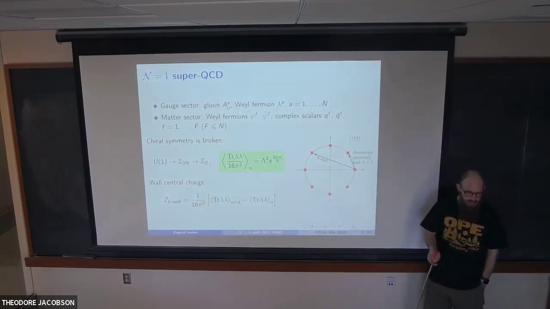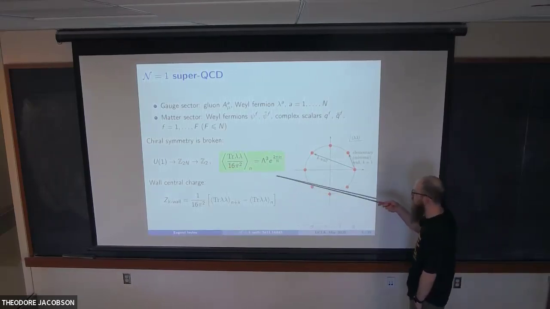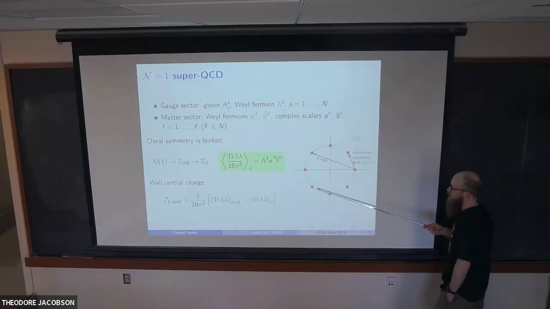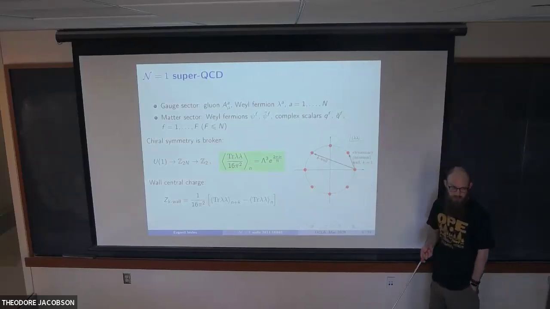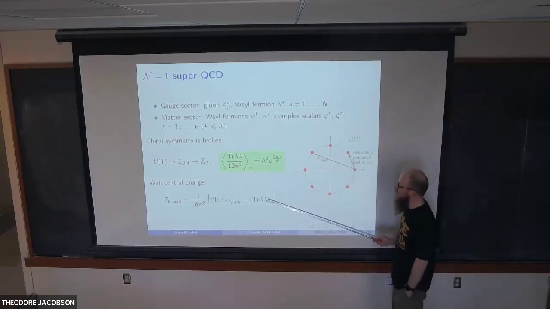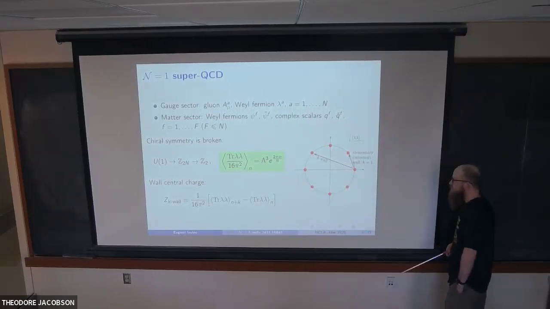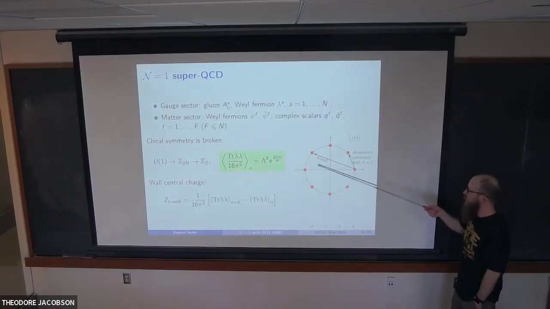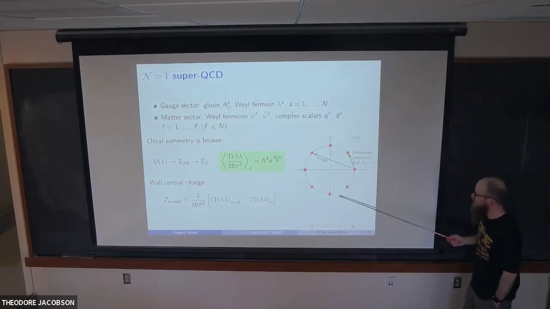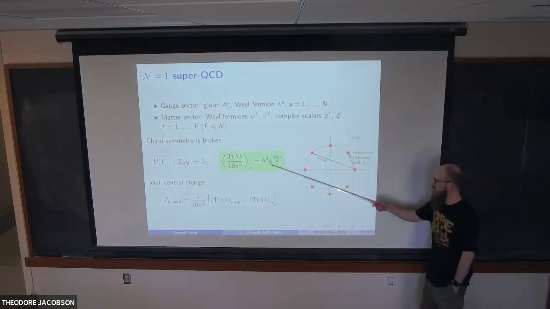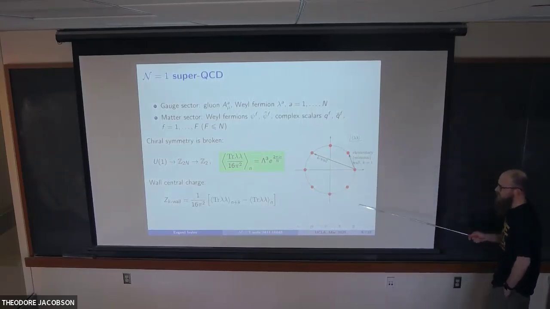So Lambda is the usual Lambda QCD, the strong coupling parameter of this asymptotically free gauge theory. And then there is a phase, and it turns out that, again, if you consider the gauge group as SU(N), it doesn't matter how many quarks you have, as long as it's not larger than N, you have N possible values of this condensate. So on the complex plane of lambda-lambda, they all lie on a circle of radius Lambda cubed with some phase.